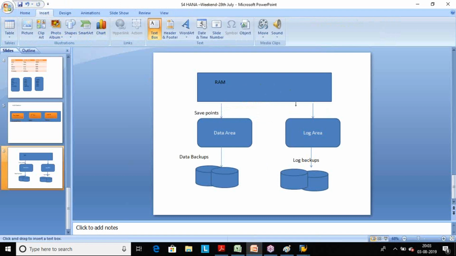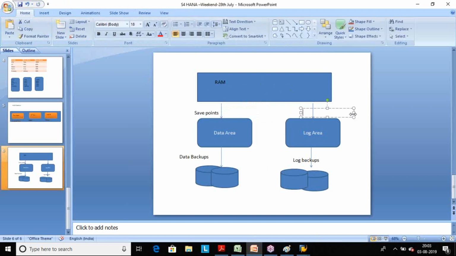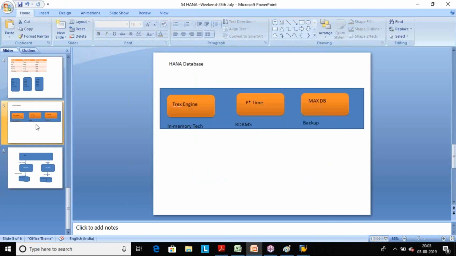For this we have something called commit. These are purely technical, the hardware side, but you should have knowledge of this. Commit is a combination of your MaxDB. So finally, what is the HANA database? It is a combination of in-memory technology, it is a combination of your RDBMS, and it is a combination of your backup.